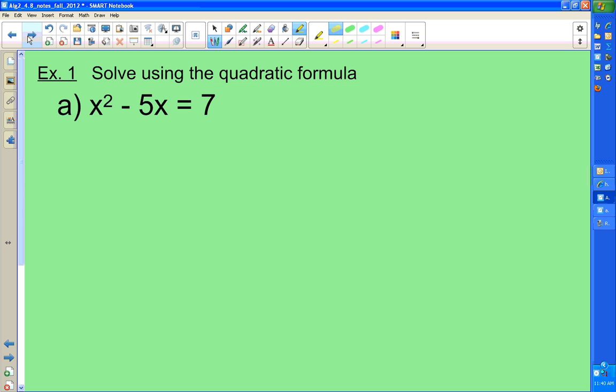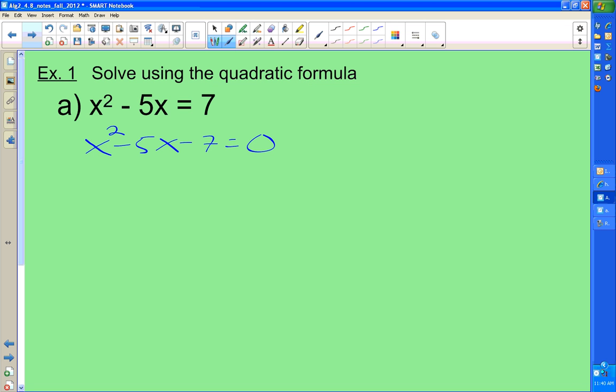So here's an equation, and we're going to solve this using quadratic formula. Now, remember, the key to quadratic formula, before you even start, what do you have to be in before we can use quadratic formula? Right, you got to be in standard form. So we have to switch this to standard form.